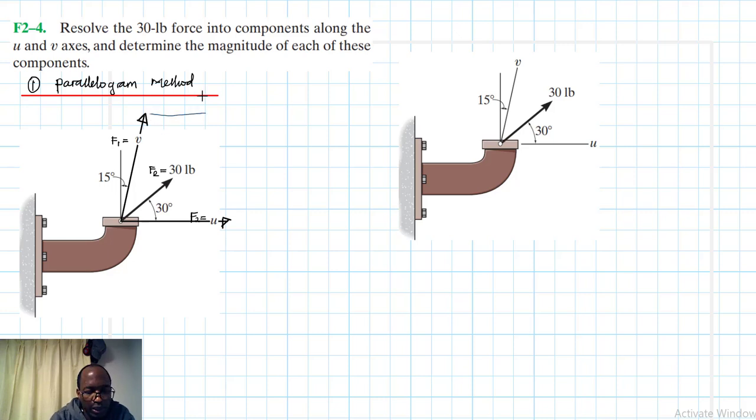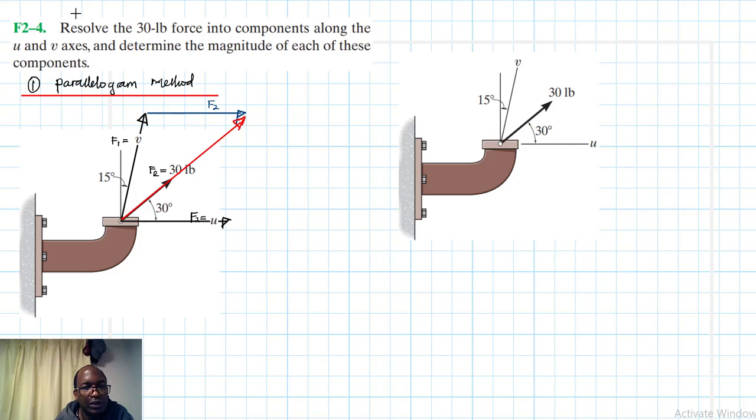Now let's draw the parallelogram. We'll have one parallel to F2 like this, and another one like that. Let me extend the resultant in advance.